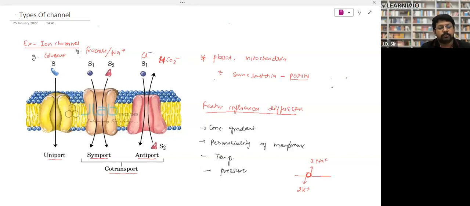Right? So this is the uniport, symport, antiport. Clear?